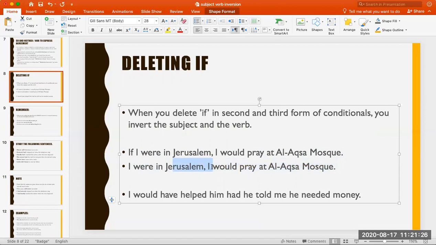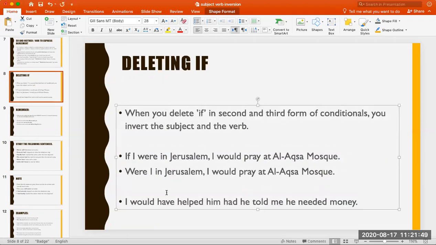Remember, I told you the comma is everything in this course. So in order to indicate that there is something deleted, you bring the verb before the subject. Were I in Jerusalem now, I would pray at Al-Aqsa.